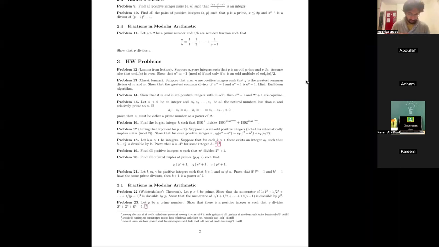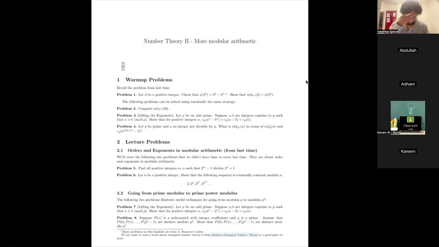But when you see Hensel's lemma, you'll understand that it's basically the same technique as we used in problem 8. This idea we used in problem 8 has a very nice result that comes out of it called Hensel's lemma, so I'll add it to the homework. Right, so that's it for today. Any questions?